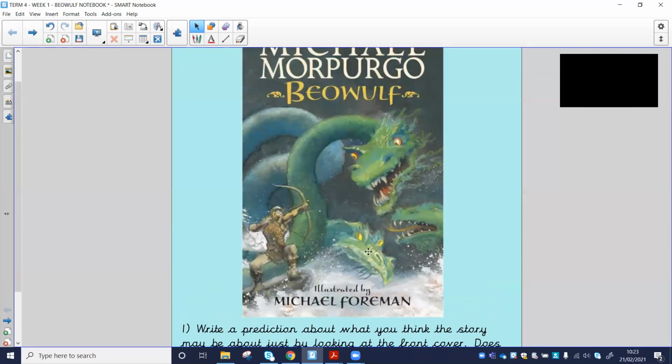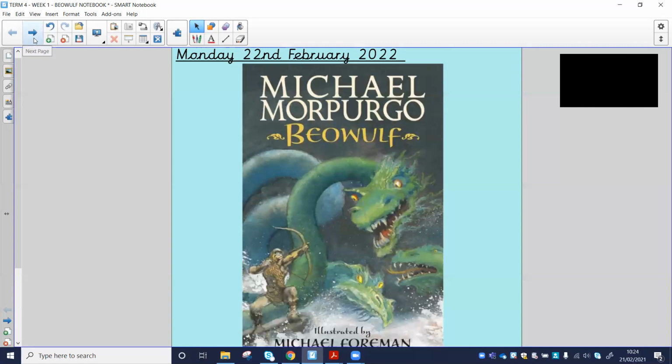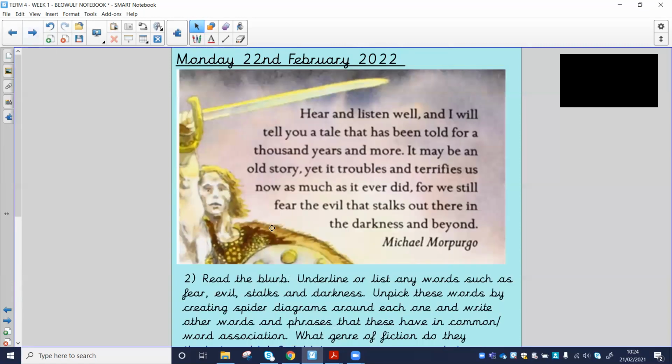So second job, after you've done this, hopefully, or you might be watching the video all the way through first, I don't know. Second thing, we have got this little bit of writing. Now this appears on the back of a book. Hopefully you know what that is called. We've got a blurb here, and this is on the back of that Michael Morpurgo version of the book.